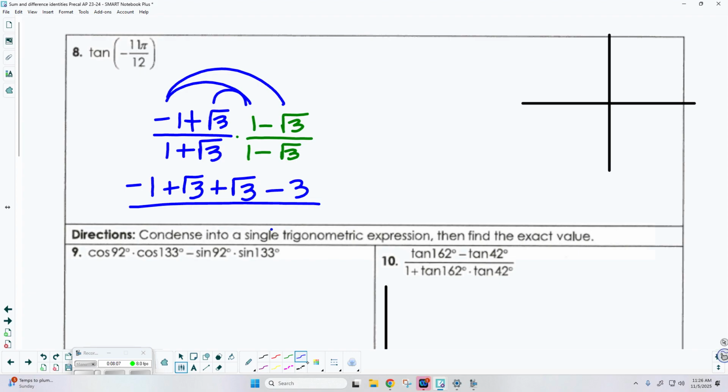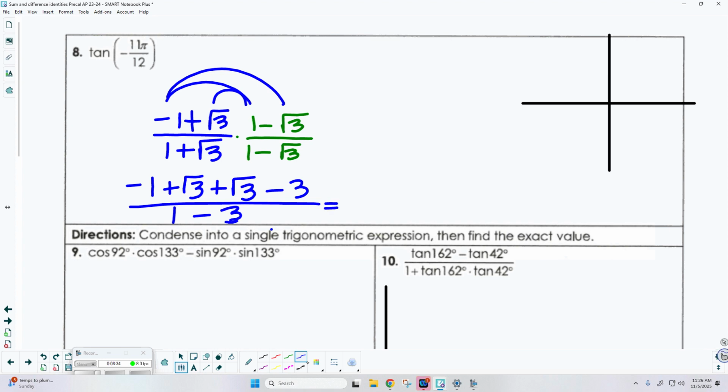You can go through the entire FOIL process, but if you realize they're conjugates, you only have to multiply the first and the last terms. The outside and the inside products will always be opposites if you're working with conjugates. So in this case, the first is 1 times 1, and then the last would be square root of 3 times a negative root 3, so that would be a -3.